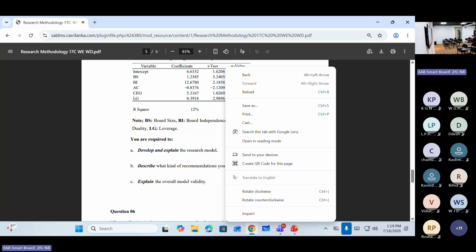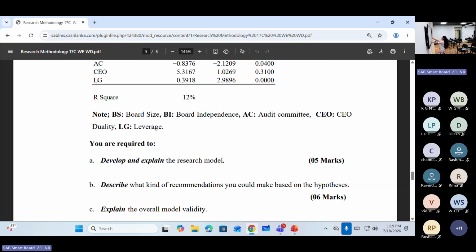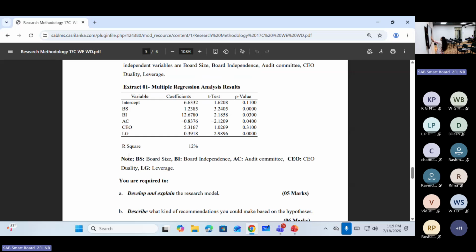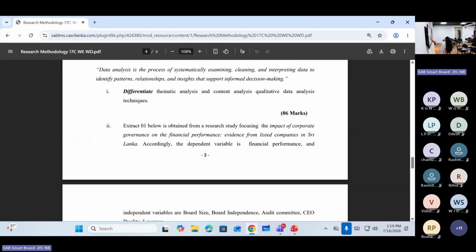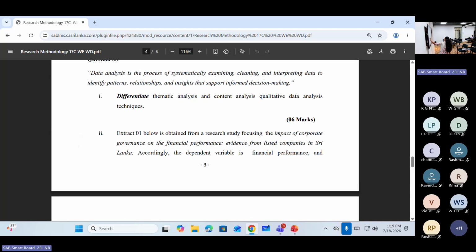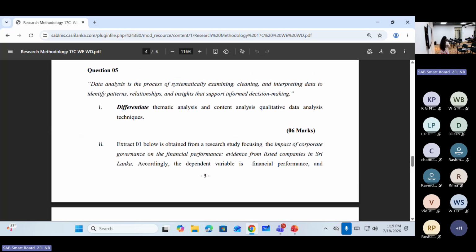Done, no, as I saw done. Question number 5. We can refresh your knowledge regarding this quantitative and qualitative analysis by the question. Don't worry.